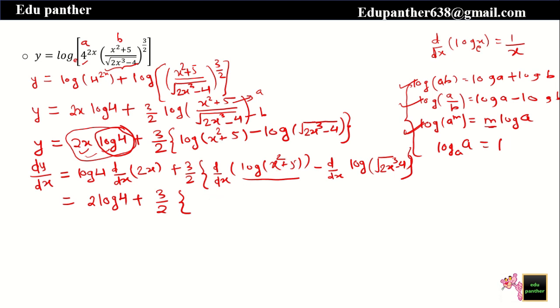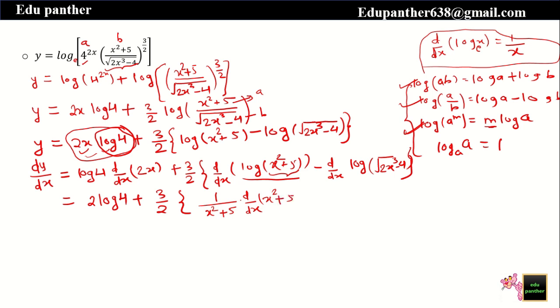The derivative of log x is 1 upon x, but here in place of x we have x square plus 5. So its derivative will be 1 over x square plus 5, multiplied with the derivative of the term present in the bracket, which is x square plus 5 here.